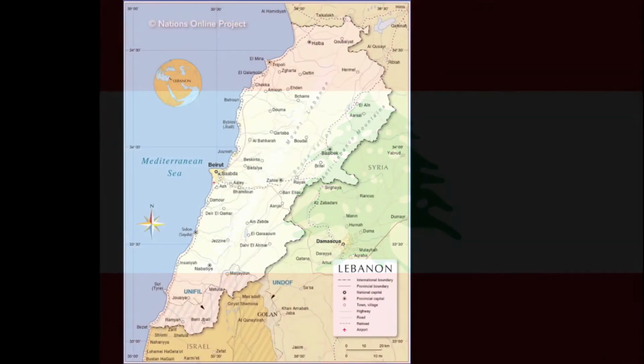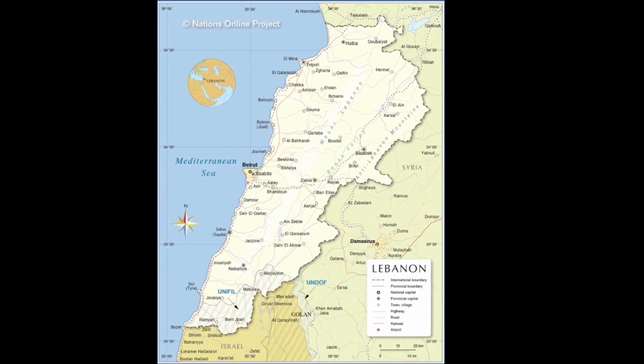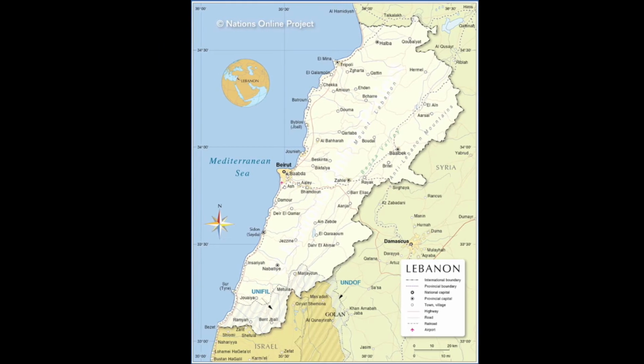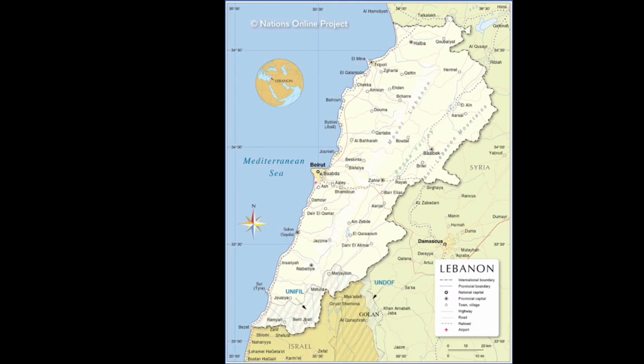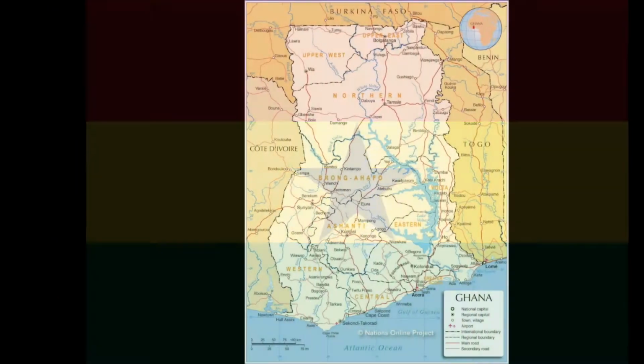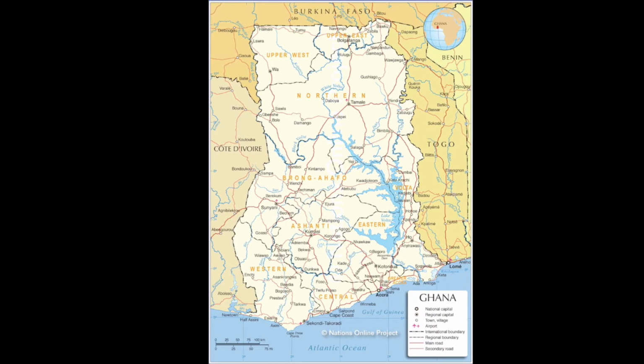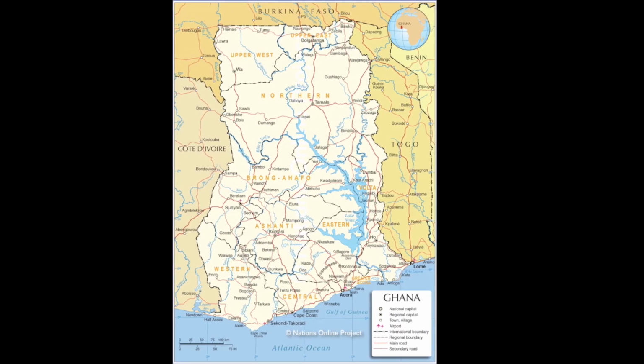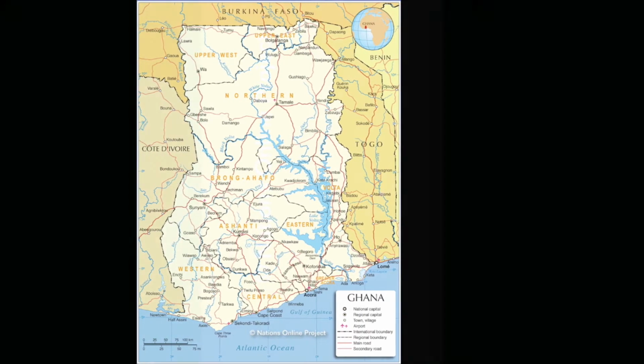Lebanon is in the third stage of the demographic transition model and has a pollution index of 89.35. Number 5 with Ghana. Ghana is in the third stage of the demographic transition model and has a pollution index of 88.98.